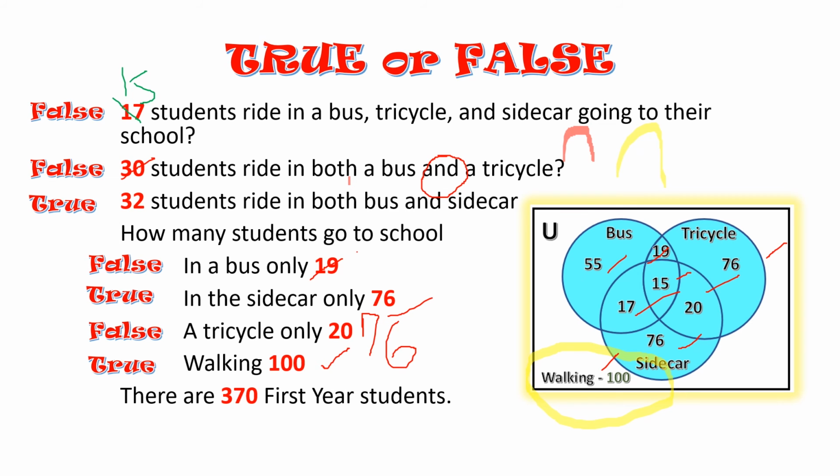Is it true or false? The answer is false. Very good. Since the total participants who ride a bus, tricycle, sidecar, and who walk is 370. How many? 378. Very good. So that's why the statement is false.